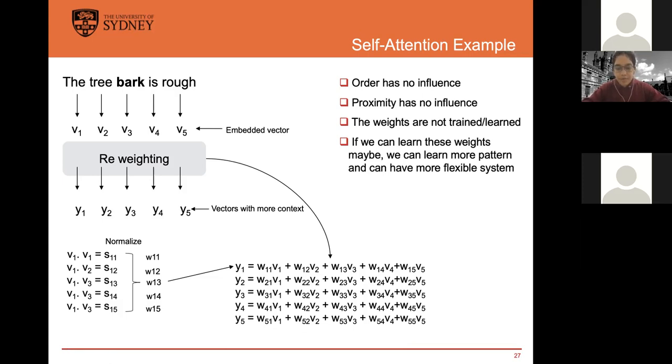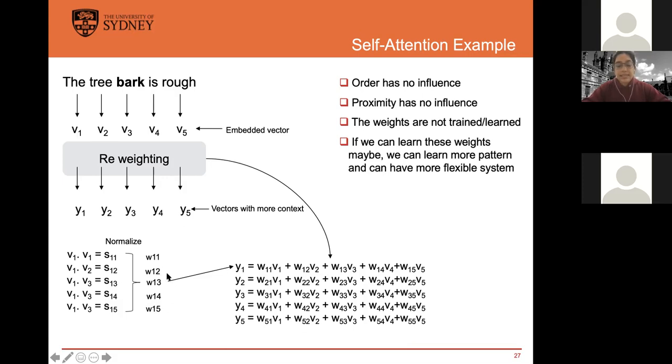A couple of points to note here: when I was doing this operation, the order of the sequence has no influence, right? And also the proximity, like v1 to v5, also has no influence in this calculation.